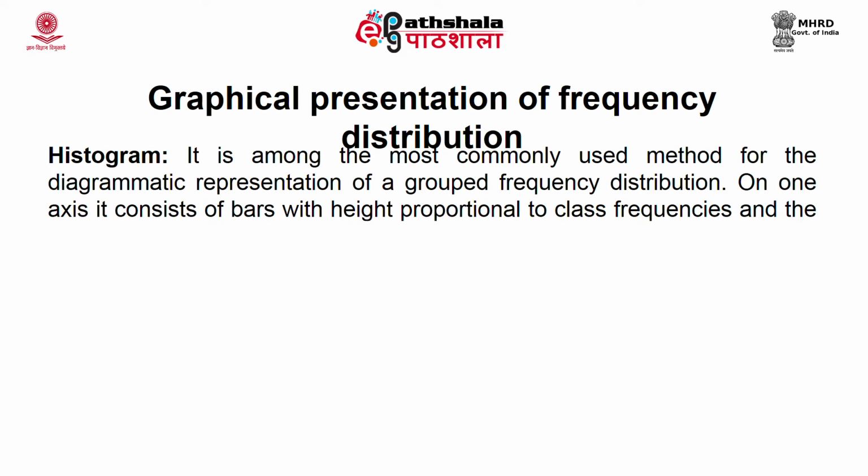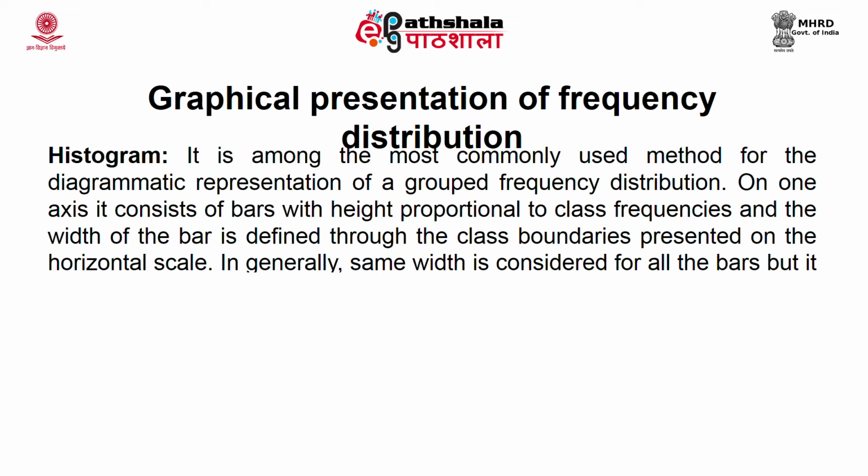First, starting with histogram. This is the most commonly used graph that you can easily see in the literature. It is among the most commonly used methods for the diagrammatic representation of a grouped frequency distribution. It consists of bars with height proportional to class frequencies, and the width of the bar is defined through the class boundaries on the horizontal scale.